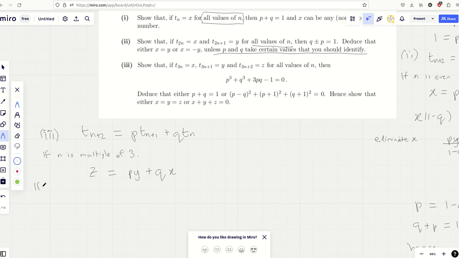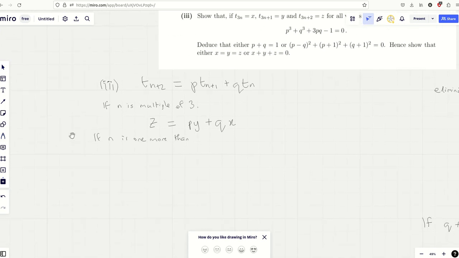On the other hand, if n is 1 more than a multiple of 3, and I'd rather write these down next to each other, so can I just move this over? Or I'll put them side by side. If n is 1 more than a multiple of 3, everything's going to basically shift along 1.